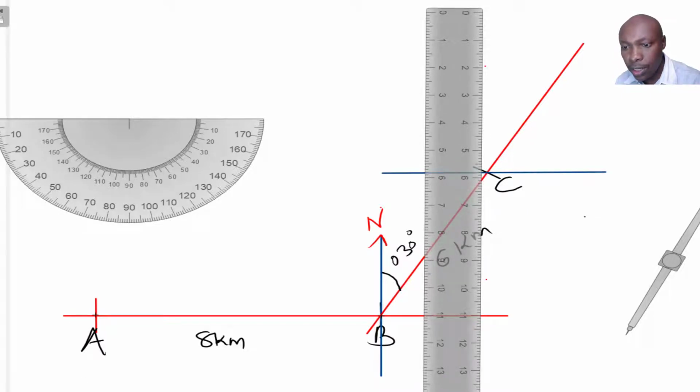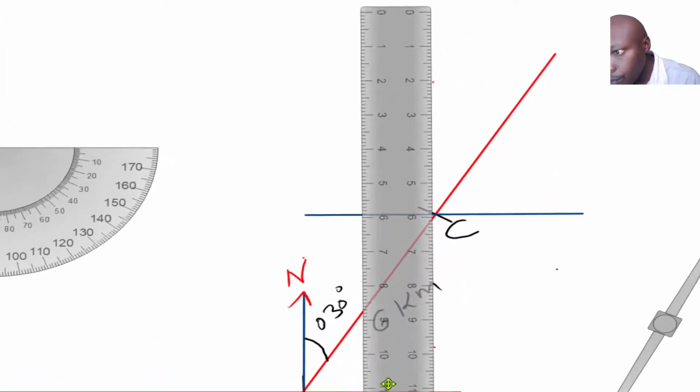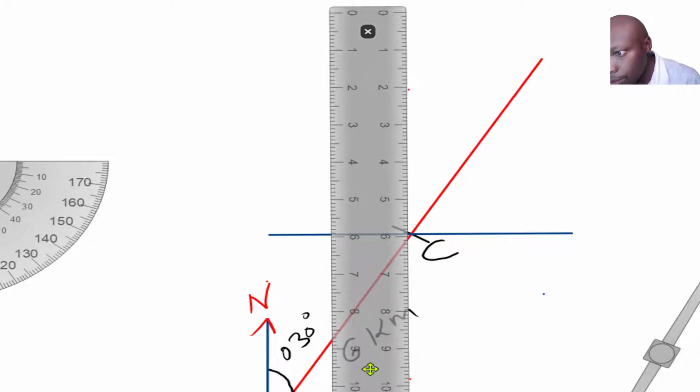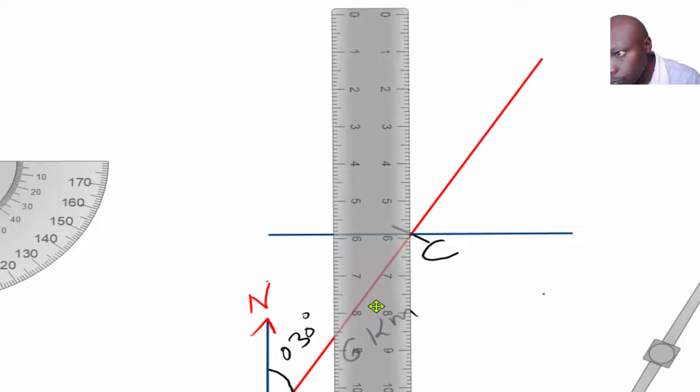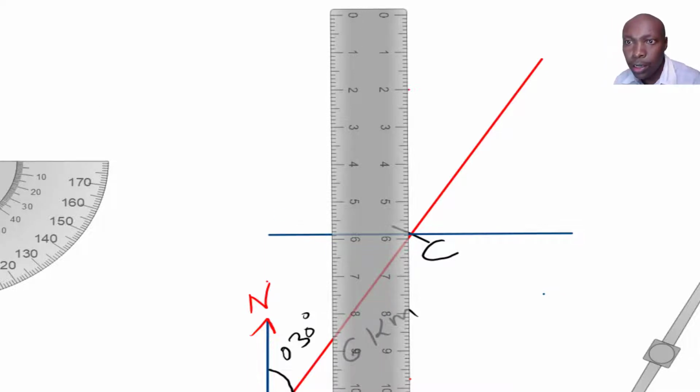The points are these: one point here, as you can see, and then there is another point there. Those points are supposed to guide me on how I'm supposed to draw that line. Yes, and I think that is okay.